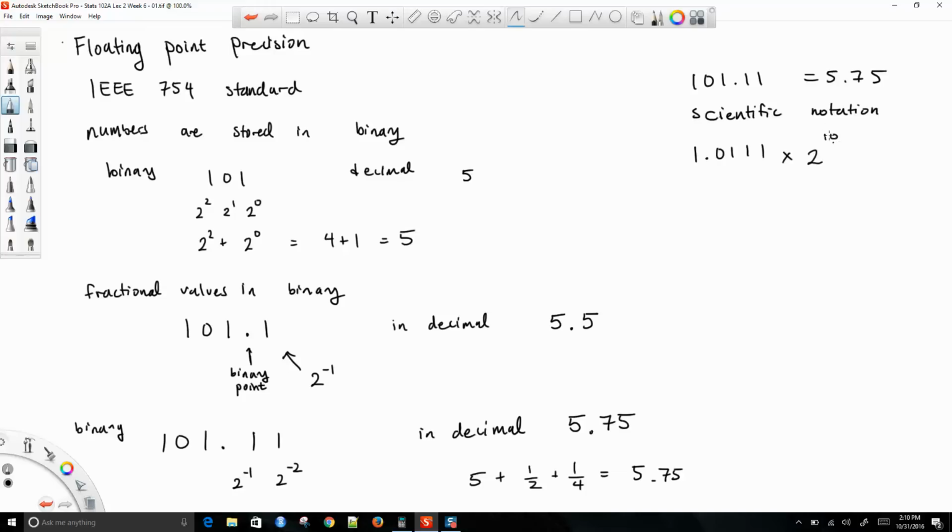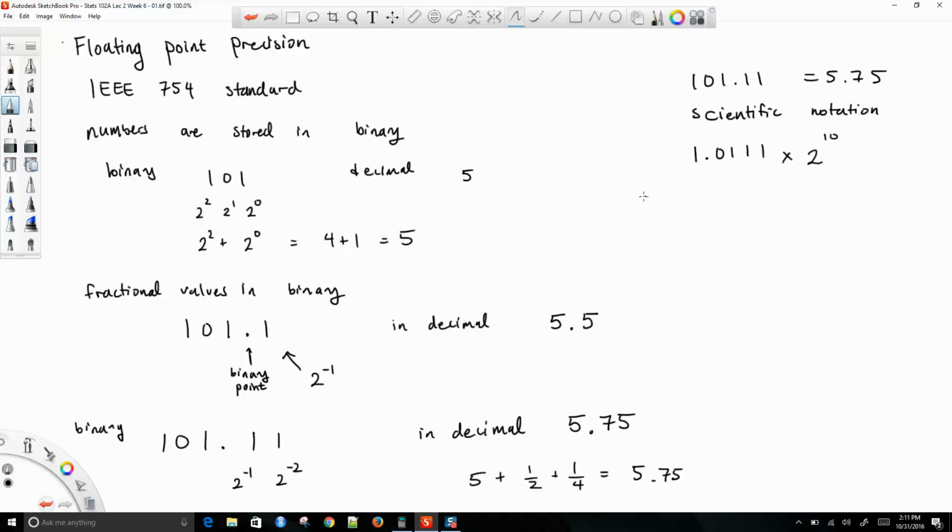Which in binary is 10, to indicate that we have moved this over 2 spots. Okay, and we can just double check that this indeed works out, okay?